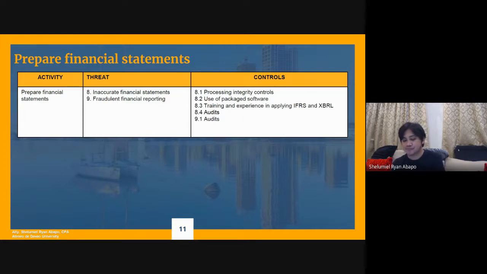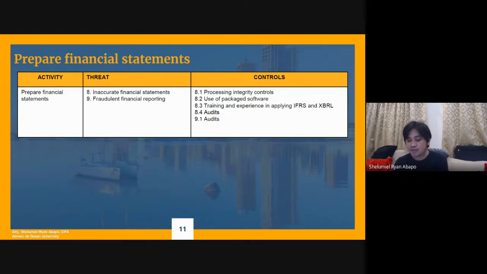Okay, this is an independent review, not internal, of all the special journal entries to the general ledger. The independent review that will be conducted here will test the appropriateness of the journal entries recorded in the general ledger and other adjustments.